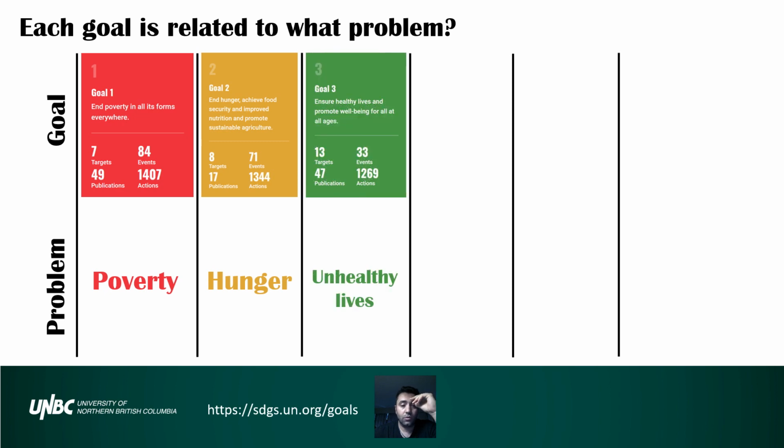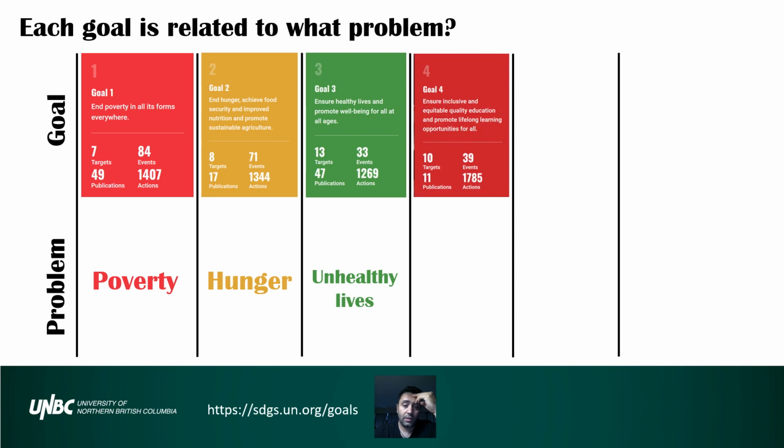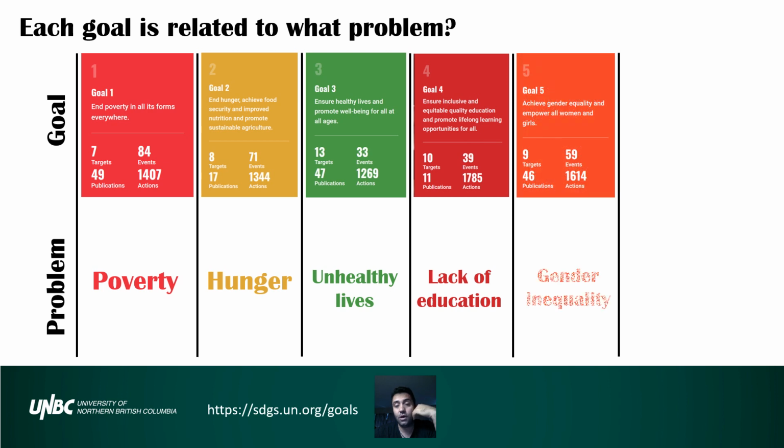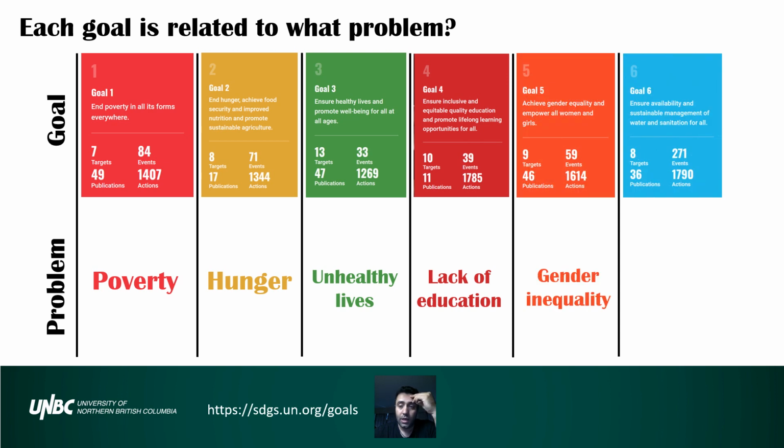Goal 3 goes for unhealthy lives. I'll make problems out of the goals, and the 4th one goes for lack of education. The other one is gender inequality. Goal 6 is about lack of water and sanitation for all.